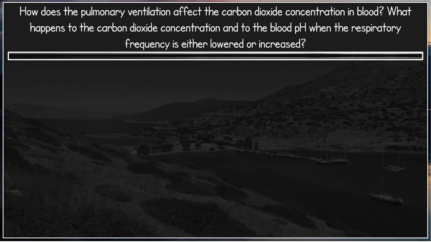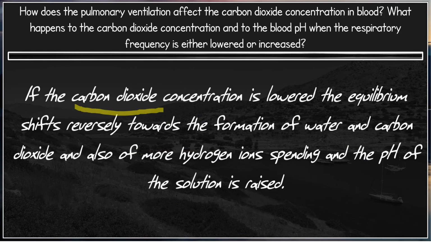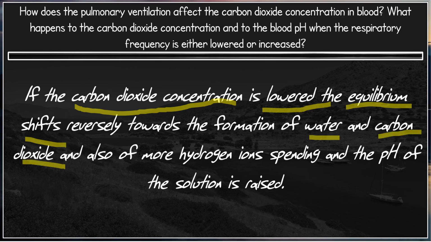If the carbon dioxide concentration is lowered, the equilibrium shifts reversely towards the formation of water and carbon dioxide, with more hydrogen ions spent, and the pH of the solution is raised.